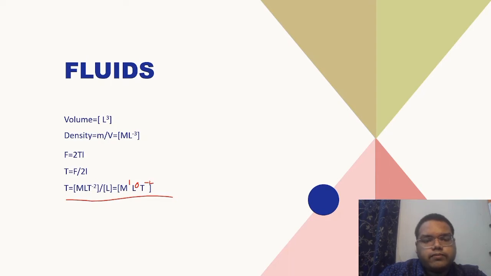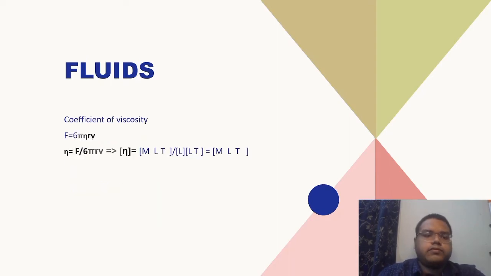Okay, next, moving on. Coefficient of viscosity. Viscous force is 6 pi eta rv, and use this formula to derive the coefficient of viscosity. Always try to derive the dimension.